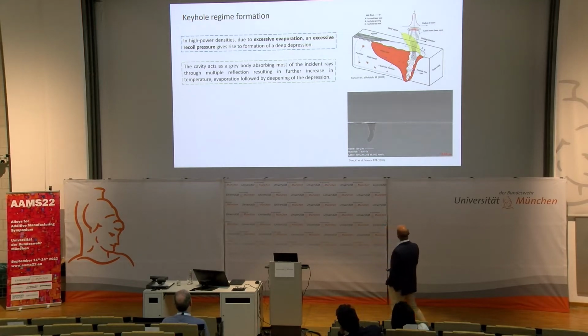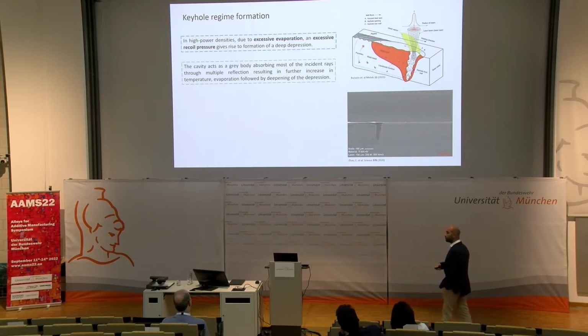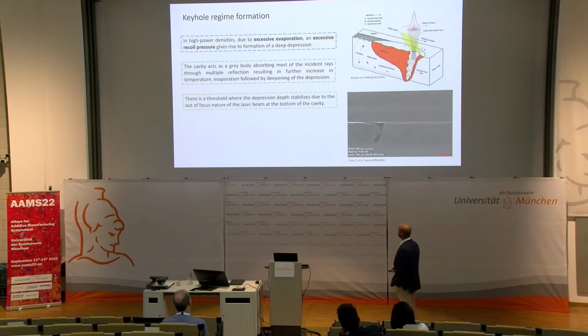We can see a nice movie from a previous Science paper by the group of Anthony Rollett, recorded as fast as possible at 5 megahertz, which brings new insights about keyhole formation and its corresponding properties.